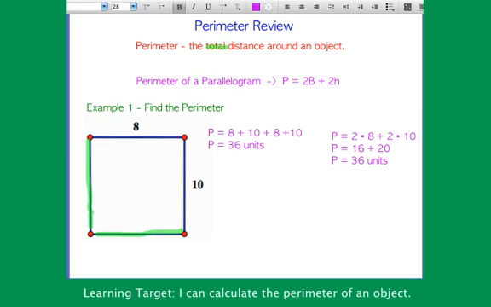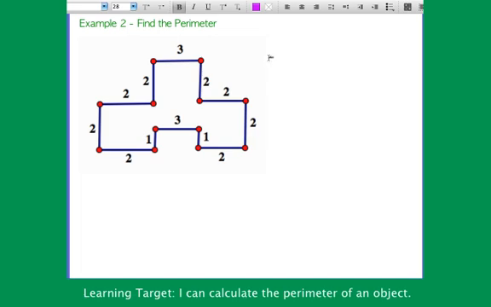Okay, let's get into a little bit more compound shape here. For this one, again, a couple different ways I could do this. I'm going to start at the top here with 3 and I'm going to go clockwise all the way around, making sure that I get every single side, because sometimes there'll be one of these sides not listed. There is a problem like this in the problems that follow on this sheet here.